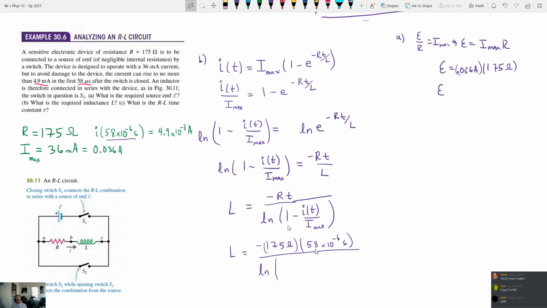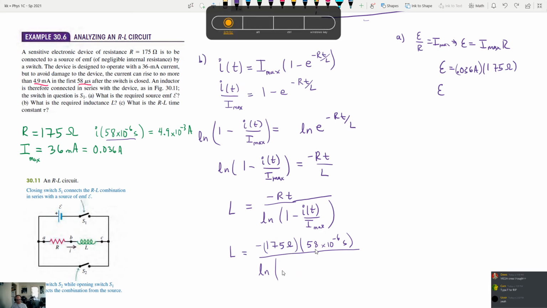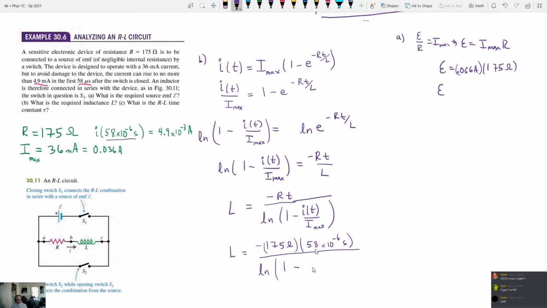So we assume that this natural log is going to have to give us a negative number now, right? And it does, because 1 minus this quantity is guaranteed to be less than 1. So we're going to be taking the log of something that is between 0 and 1. And since it's less than e, that means that the answer is going to be negative. That's good, because we want it to be negative to cancel out with this one.